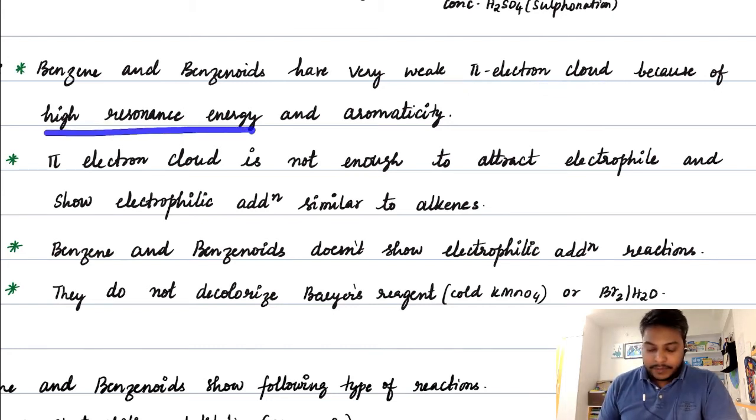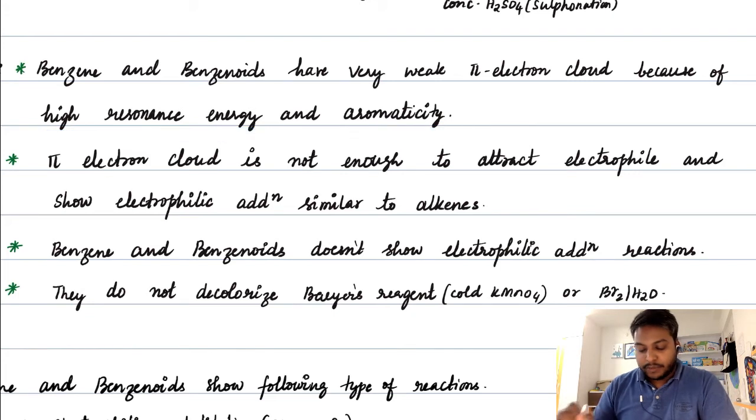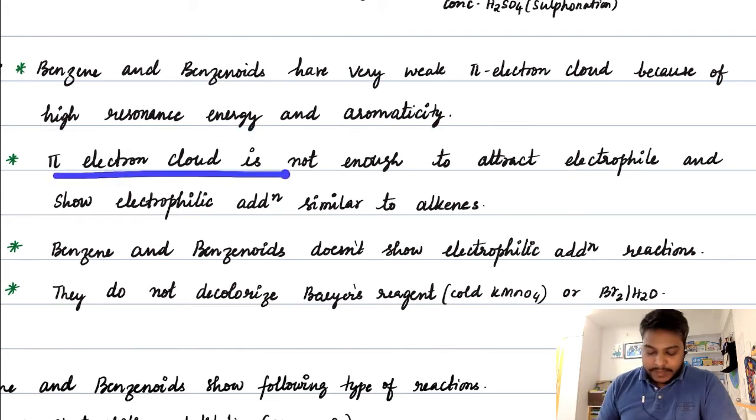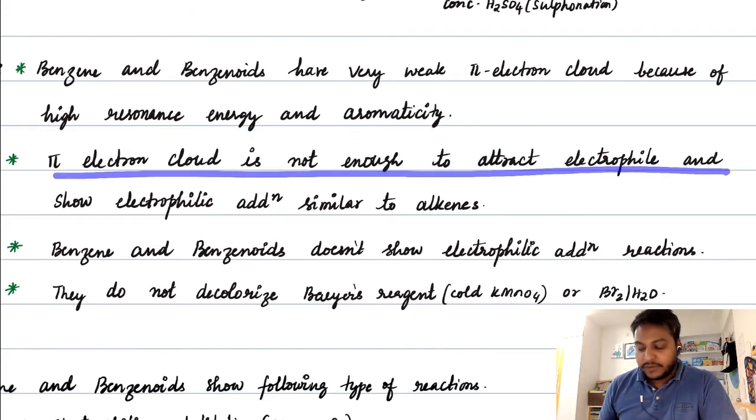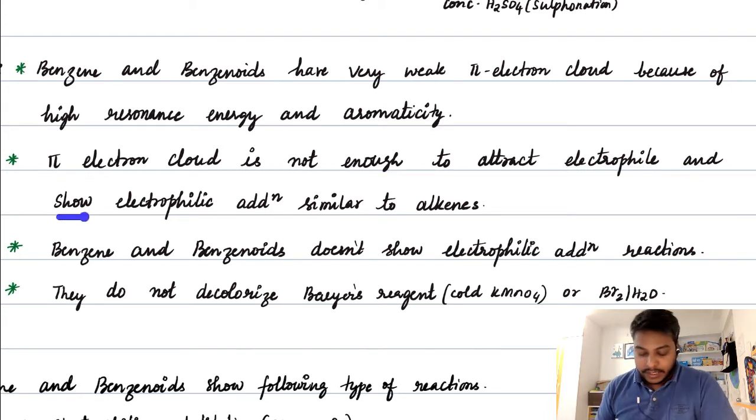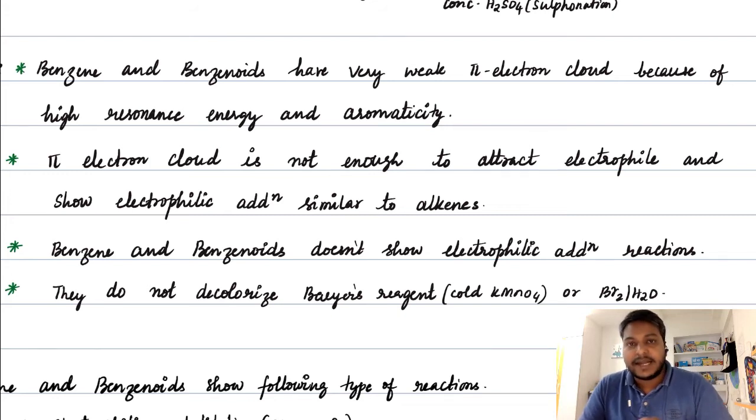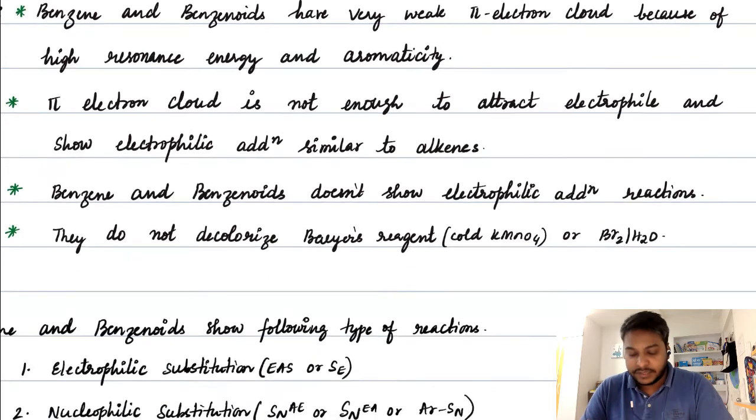That is because of its high resonance energy and aromatic nature. So this pi electron cloud is not enough to attract an electrophile towards it and show electrophilic addition similar to alkenes. If you see for alkenes, that was their characteristic reaction, that is electrophilic addition. But for benzene, electrophilic addition is not a characteristic reaction.